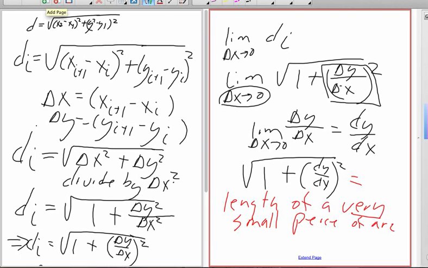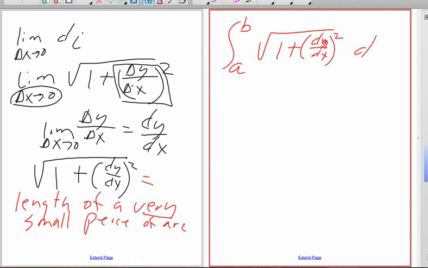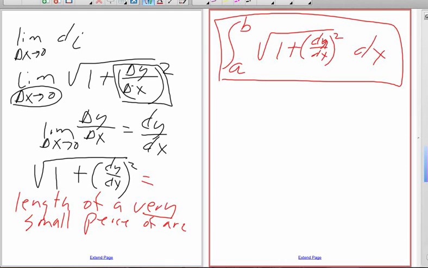And so now, to get the total length, we're going to integrate from a to b of the square root of 1 plus dy dx squared dx. And this is the formula you're going to use.